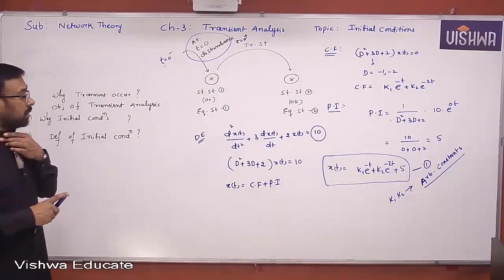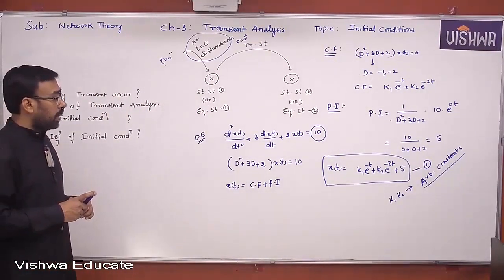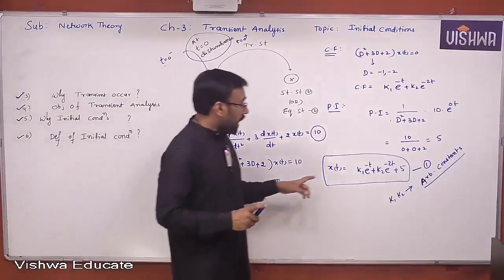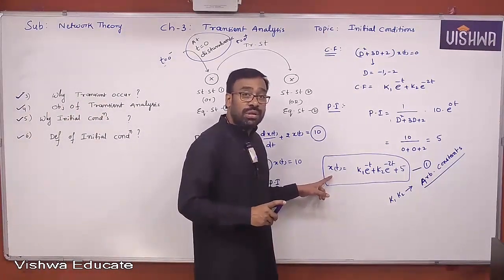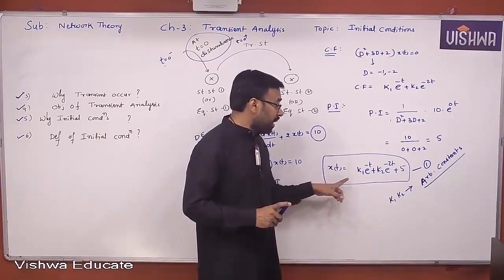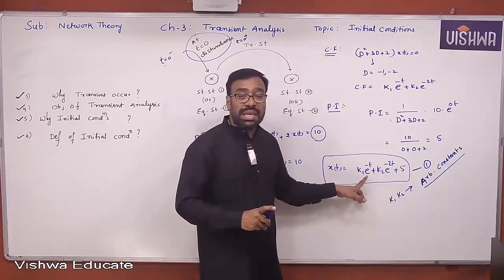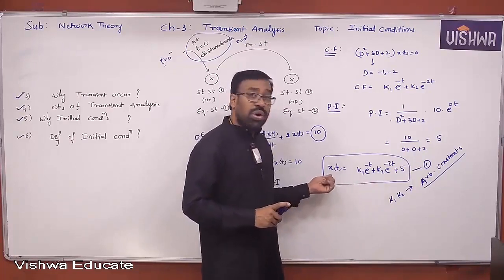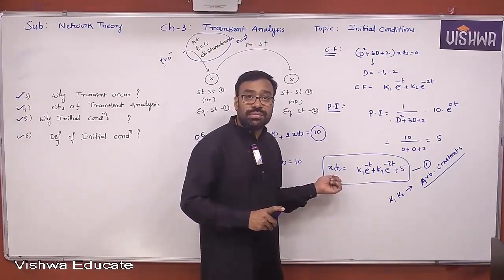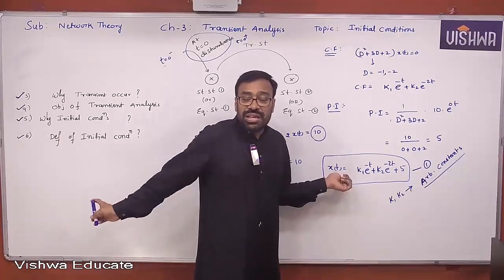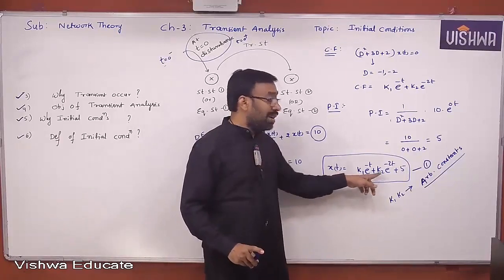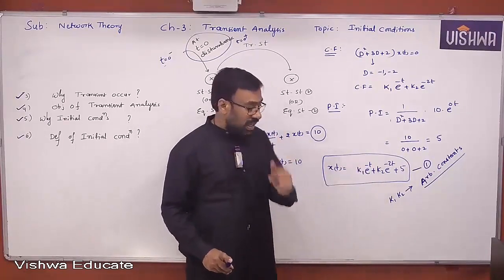Okay. Now, look at this, all of you. So, x of t is the complete solution, but this complete solution is incomplete because of what? Arbitrary constants. Without knowing these K1, K2, you do not know what is actually the complete solution. Now, the initial conditions are required in order to evaluate what? K1, K2 values.